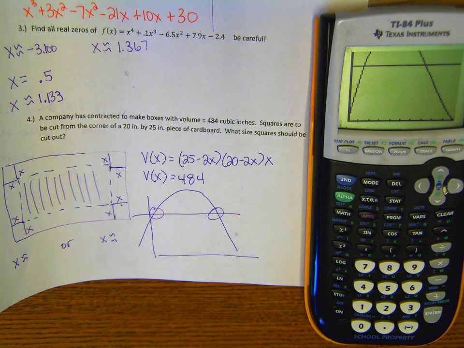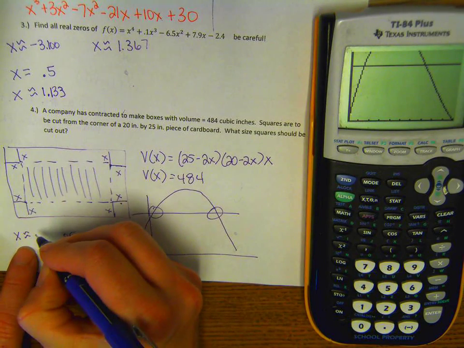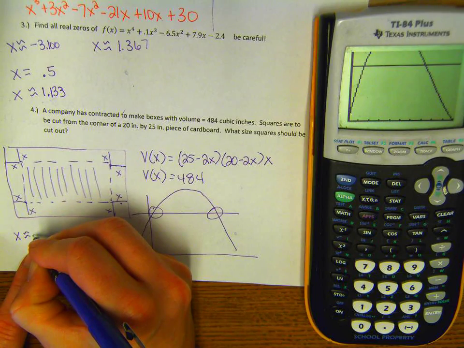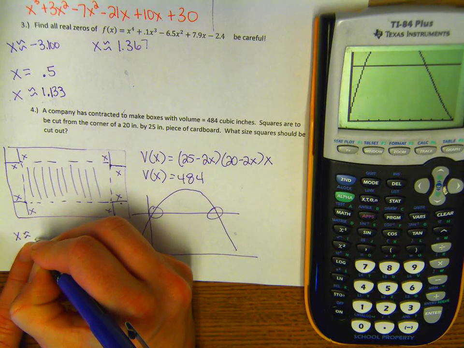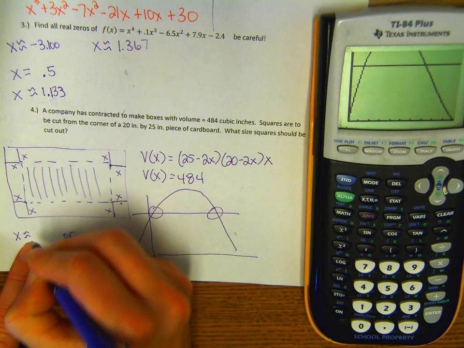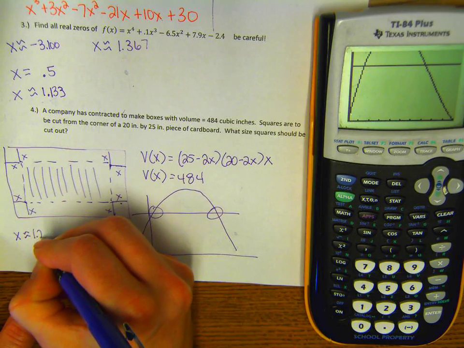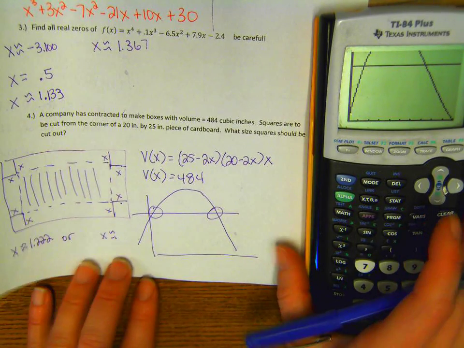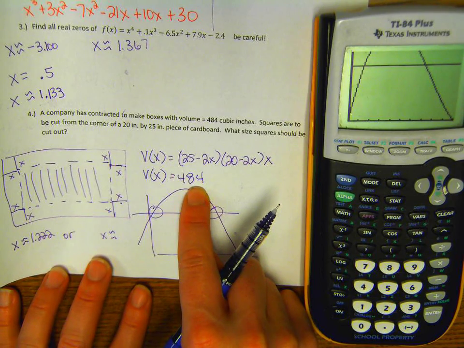All right, what did we get over here? 0.722. This was 0.722? Yes. 1.2. Are you sure? I got 1.2. Okay. Check again. Did you maybe do something other than 484?